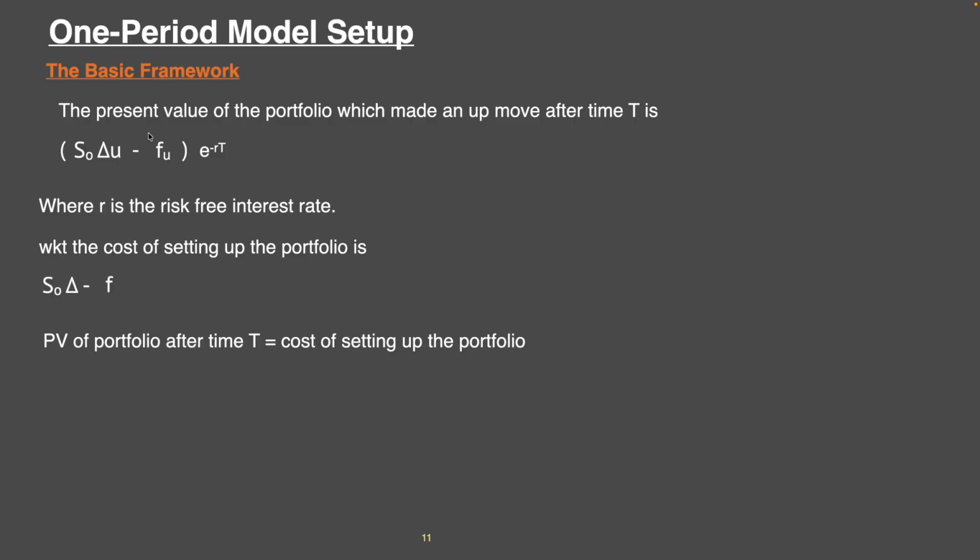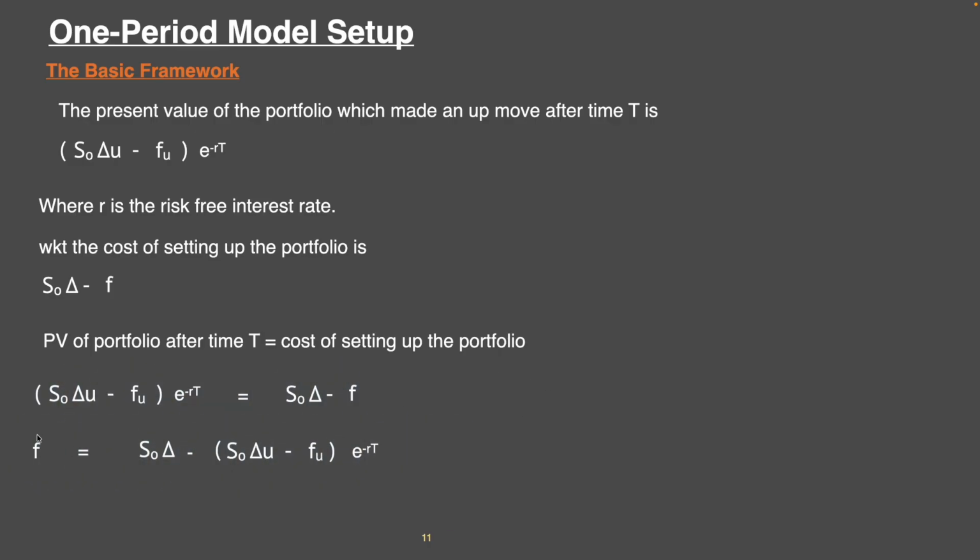Why? Because we are assuming that if the portfolio has moved up by this much amount, its present value should be e to the power of minus small r into capital T. So what are we going to do now? We are going to equate S0 delta minus F to S0 delta U minus Fu into e to the power of minus RT.